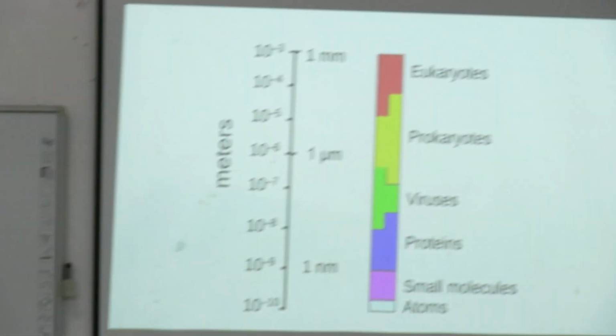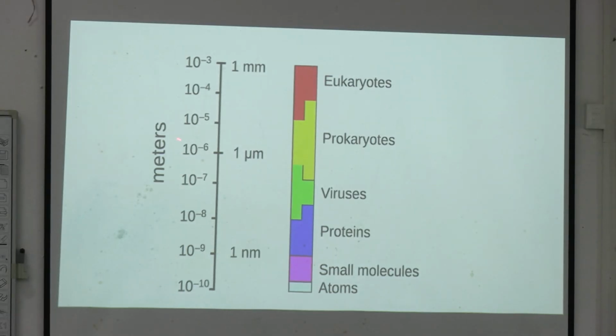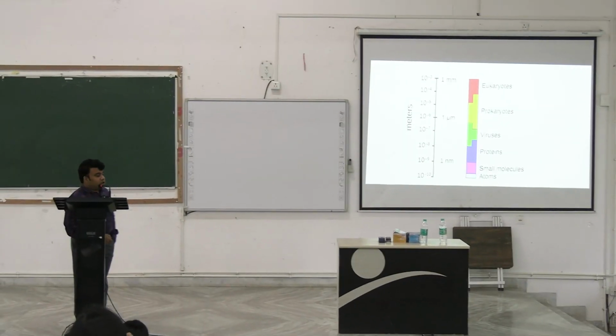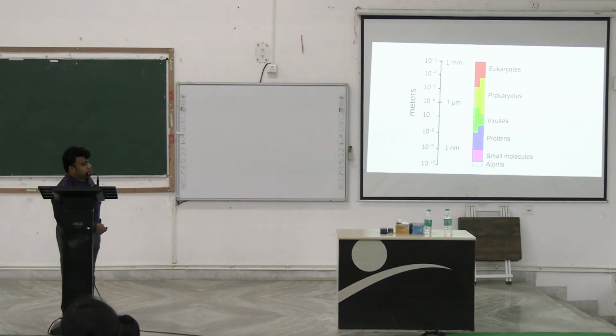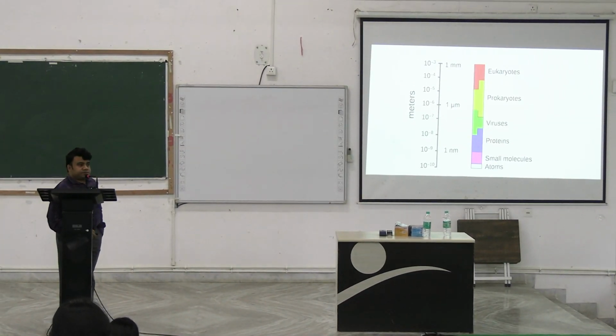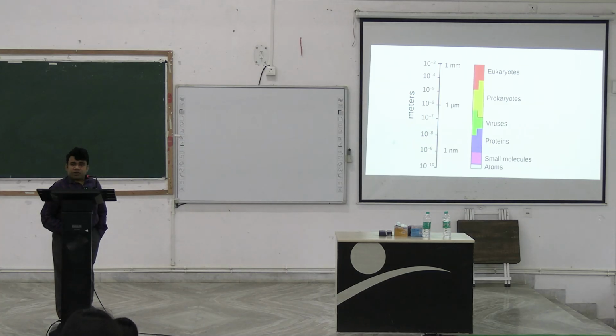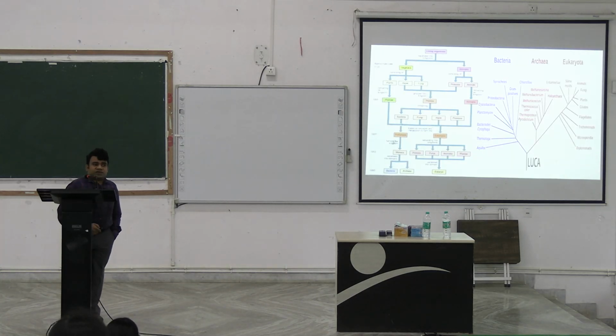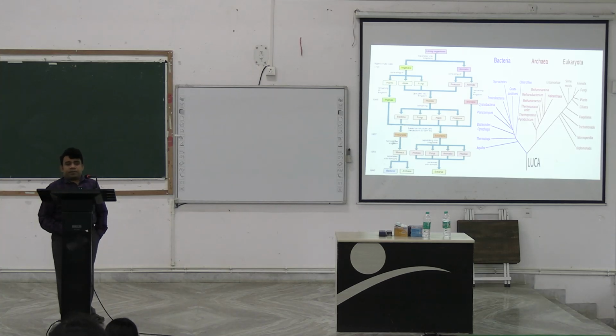Okay. Now, look at this picture. This picture shows the size of various cells. Eukaryotes are the largest cells, whereas viruses are the smallest living beings, right? So prokaryotes are in between the eukaryotes and the viruses. And if we look at the classification of bacteria, there are many types of classification. The first one, if you look at this, I think you will be much more aware of.